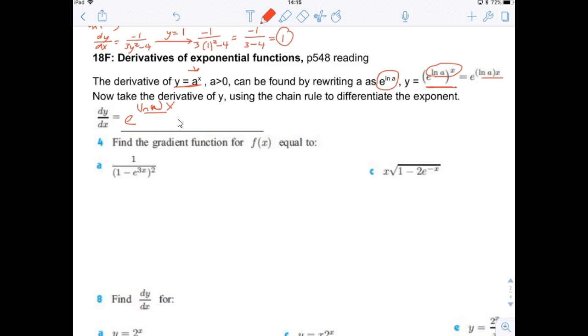Remember, natural log of a is not a function, it's a number, because a is just a constant that we don't know what it is yet. So if you take the derivative of natural log of a times x, basically what you get is natural log of a, because imagine it was like 3x. What's the derivative of 3x? 3. So what's the derivative of natural log of a times x? It would be natural log of a. Okay? That's it. All right.